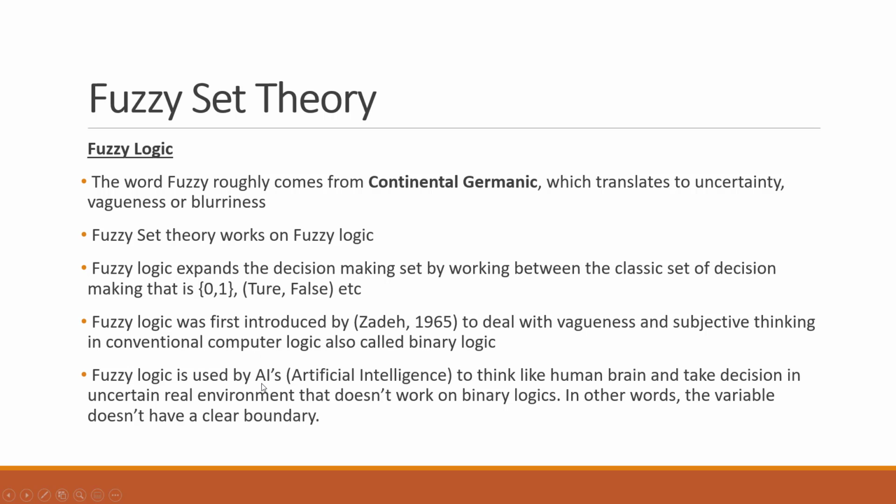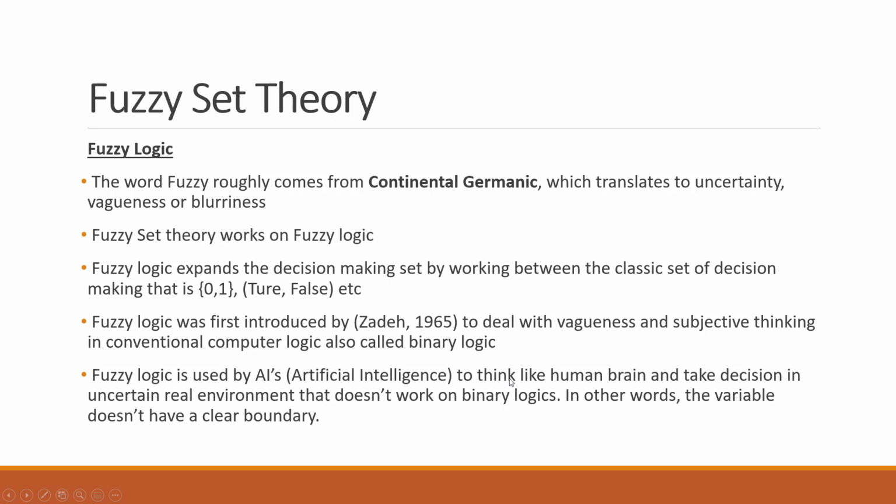Fuzzy logic is used nowadays, as you know, in artificial intelligence and machine learning. The computer scientists working in the computer industry, those who are experts in artificial intelligence, also use fuzzy logic to think like the human brain and take decisions in uncertain real environments that do not work on binary logic.